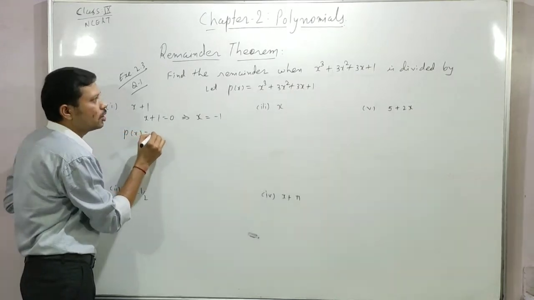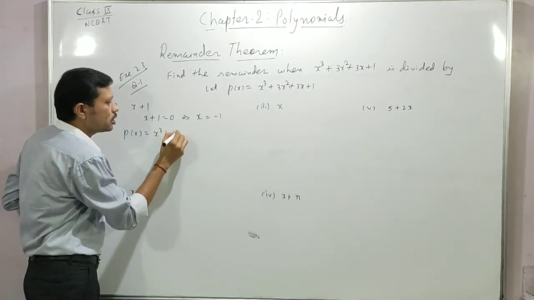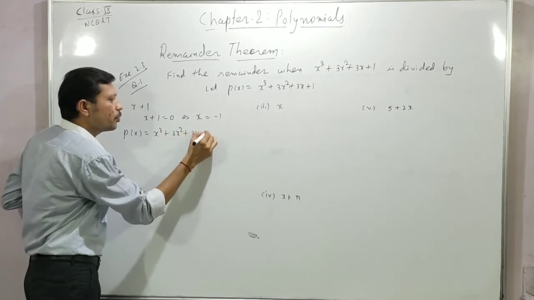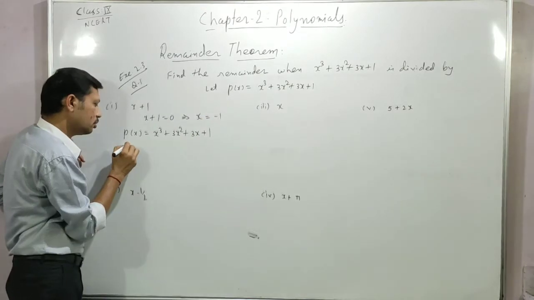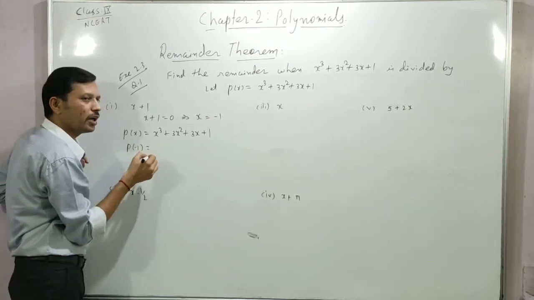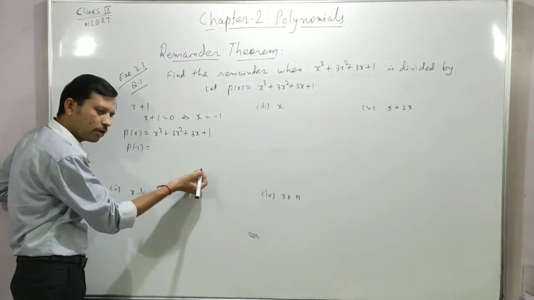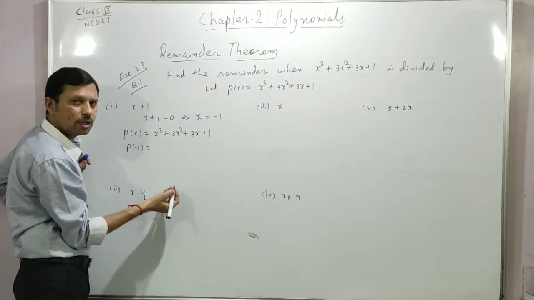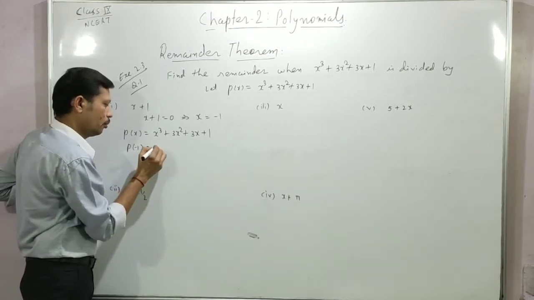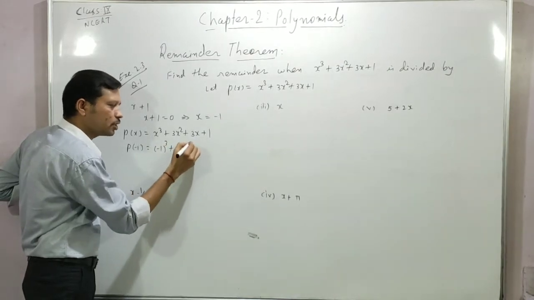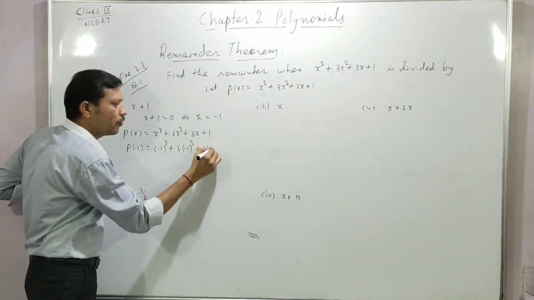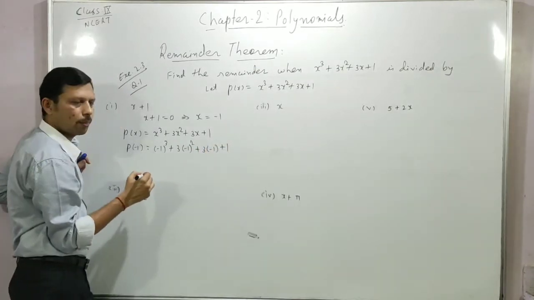So p of x is equal to x cube plus 3x square plus 3x plus 1. Now I will replace the value of x with minus 1. So p of minus 1 is the remainder. Now after calculating, we can get the value that is considered as a remainder. So minus 1 the whole cube, plus 3 times minus 1 the whole square, plus 3 times minus 1, and plus 1.